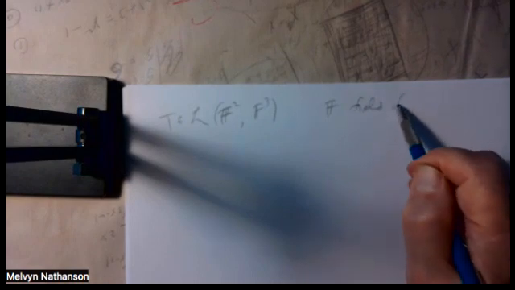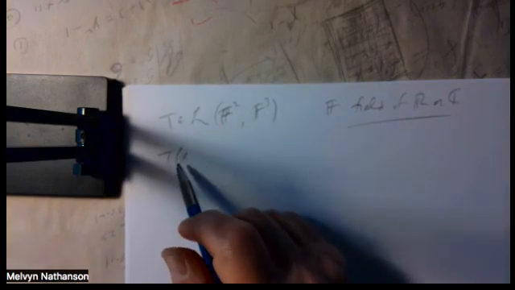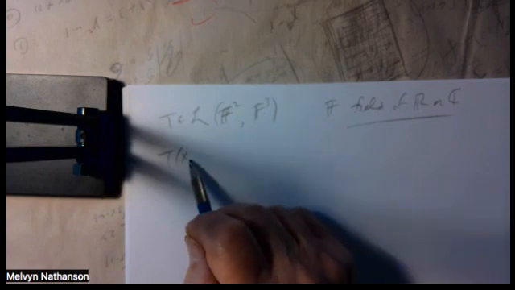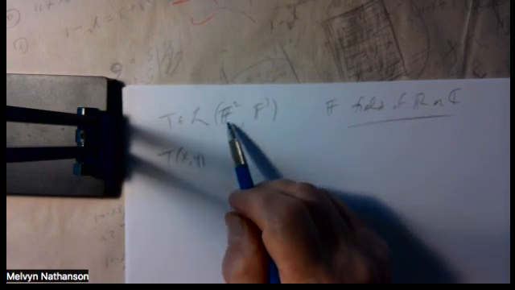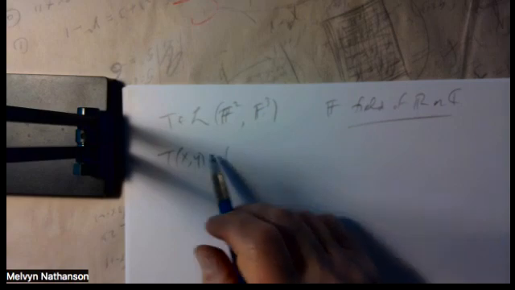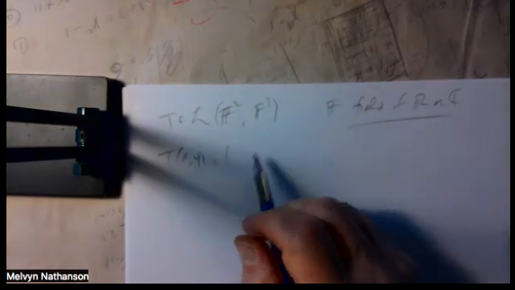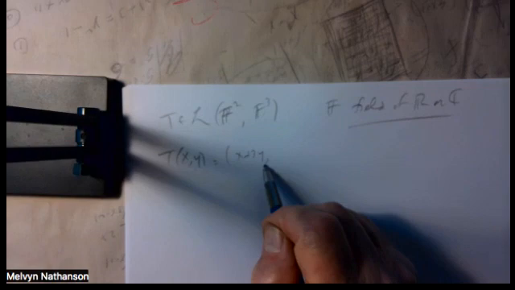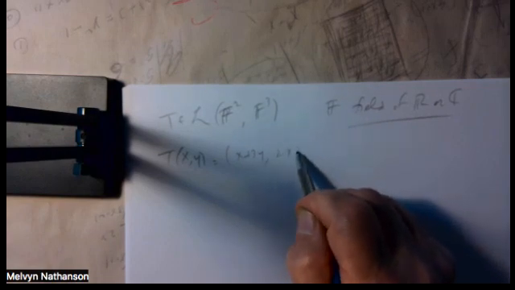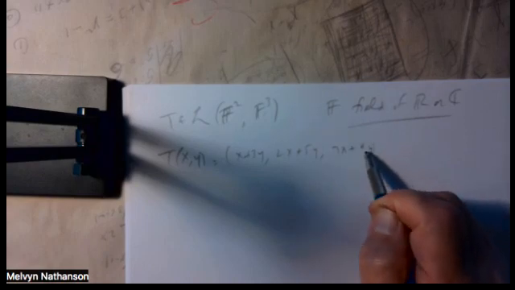Remember, F is the field of real or complex numbers, so it could be R2 to R3 or C2 to C3. So T is going to be this linear map defined as follows. T of the vector (x, y), that's a two-dimensional vector, is going to have to be a vector with 3 coordinates because it's in F3: (x plus 3y, 2x plus 5y, 7x plus 9y).